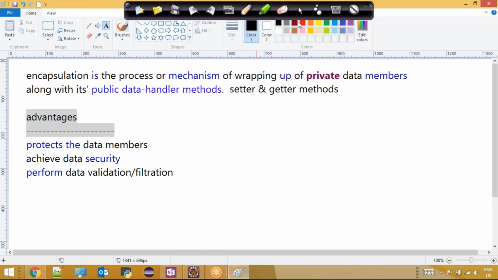That's it. How to write the getter and setter methods, I'll teach you now.